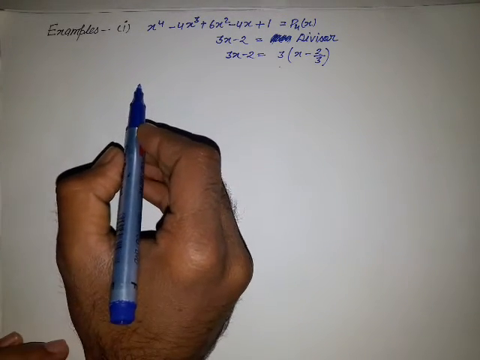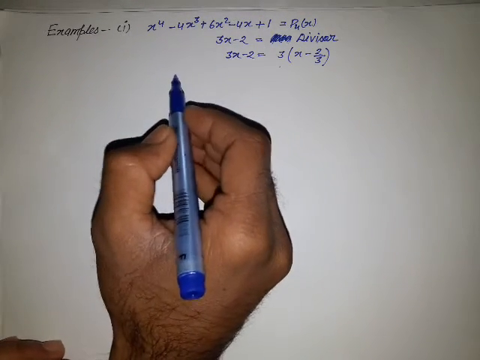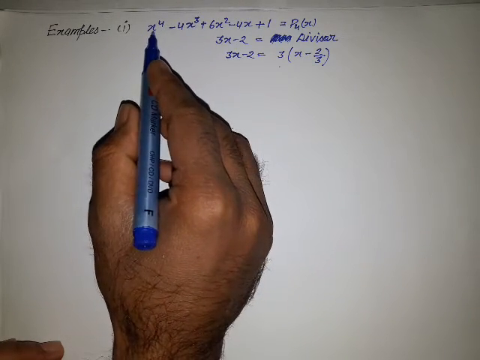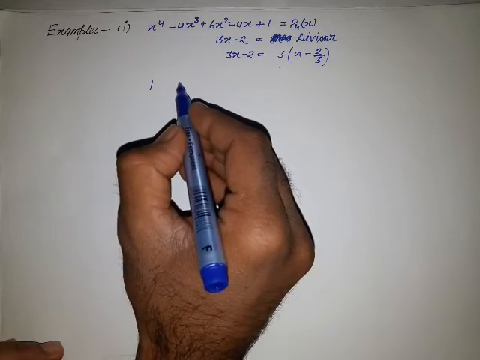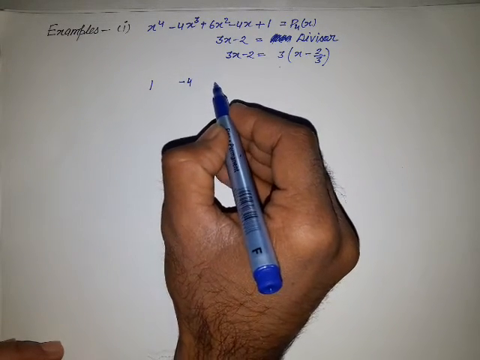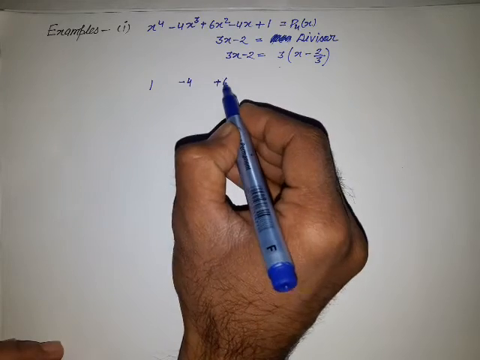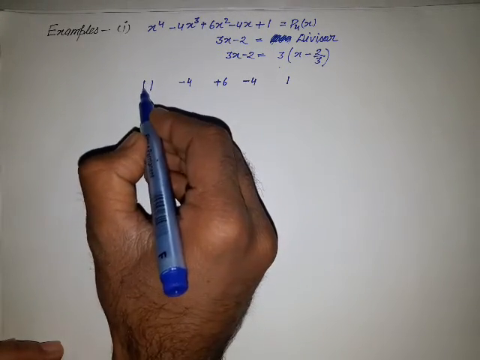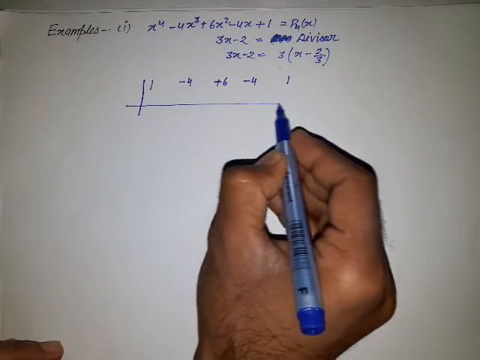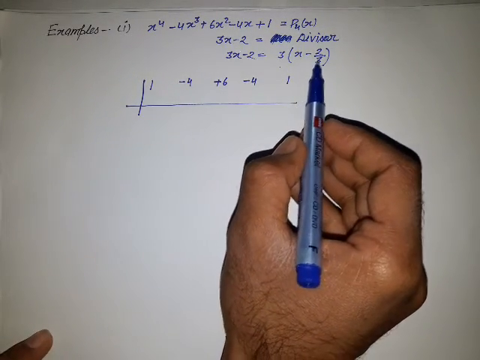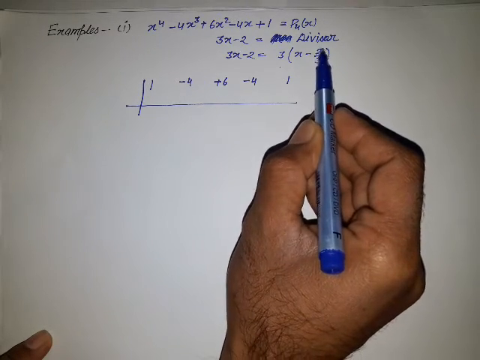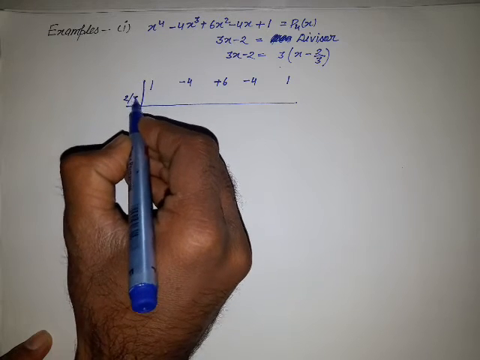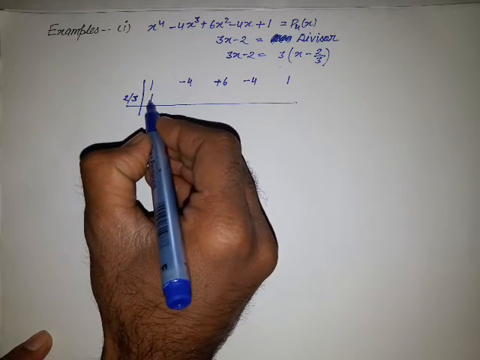So first we write the coefficients of the polynomial. The coefficient of the first term is 1, the coefficient of the second term is minus 4, this is positive 6, this is minus 4, this is minus 1, and h is here 2 by 3. We write this here, leaving the first place.